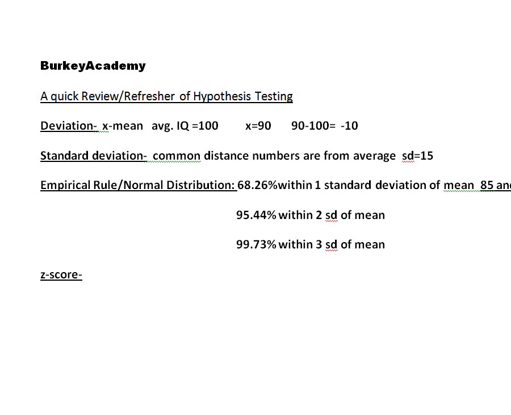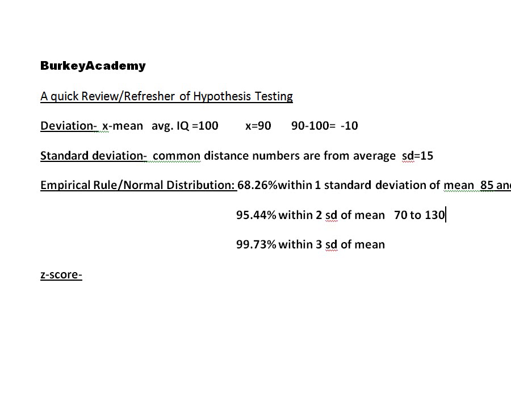If we go out to 2 standard deviations above and 2 standard deviations below, we start at 100 and go up 15 and another 15, and we go down 15 and down another 15 to make a range. Then we're down to 70 to 130. What's true about an IQ of 70 and 130?